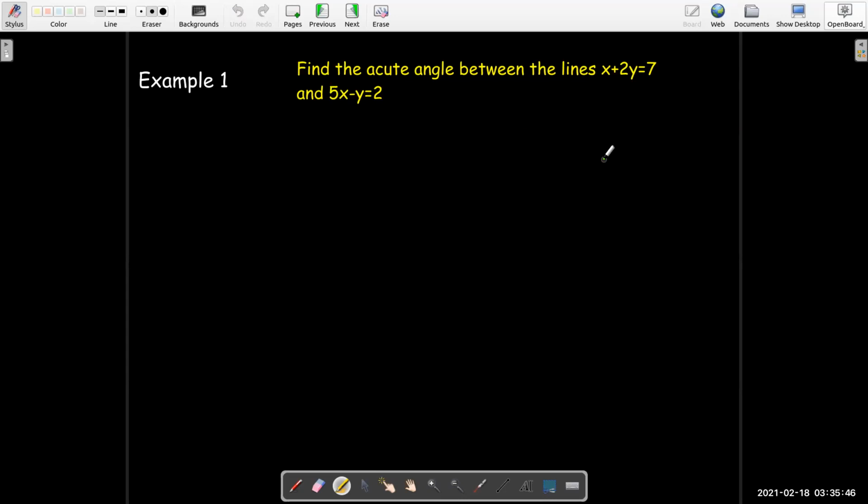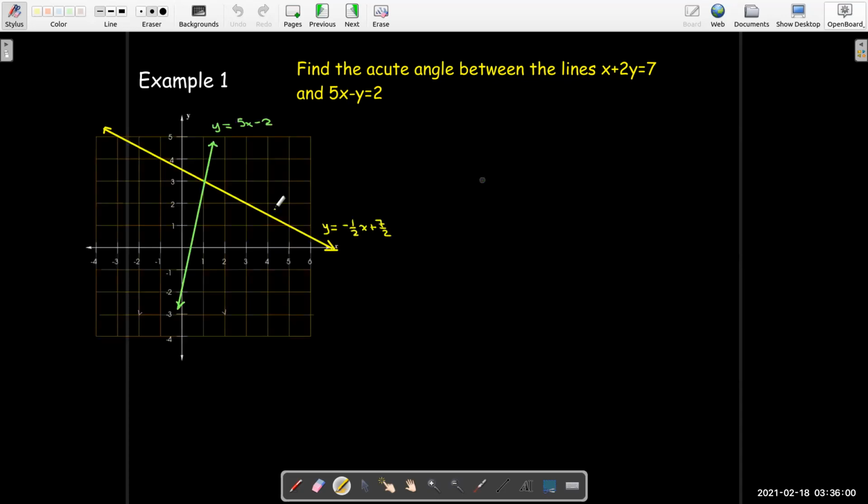Now, we don't really need to graph these to answer this question, but I think it's best for us to go ahead and look at the graphs so we can illustrate what our strategy is. So here I've graphed both lines. I solved x plus 2y equals 7 for y, and I got y equals negative 1/2 x plus 7/2.